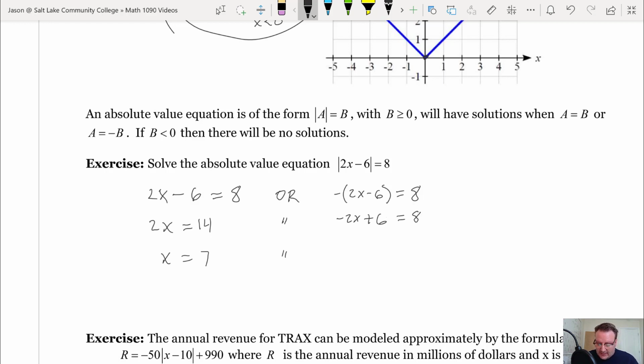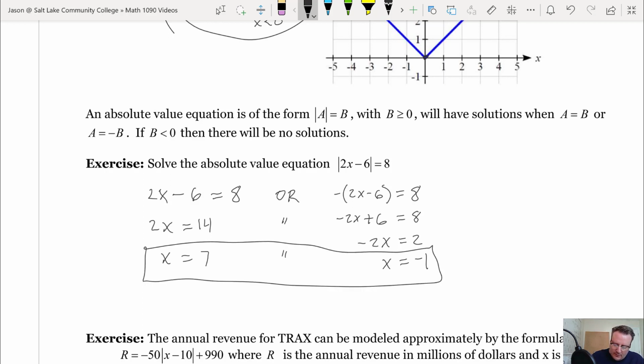I'll subtract 6 from both sides, and I get negative 2x equals 2. Divide both sides of the equation by negative 2, and I get x equals 2 divided by negative 2, which is negative 1. Okay, so we get this as our solution. x equals 7 or x equals negative 1.